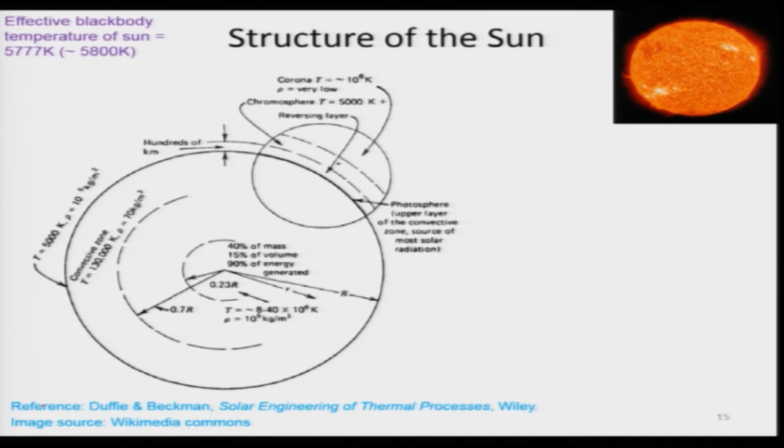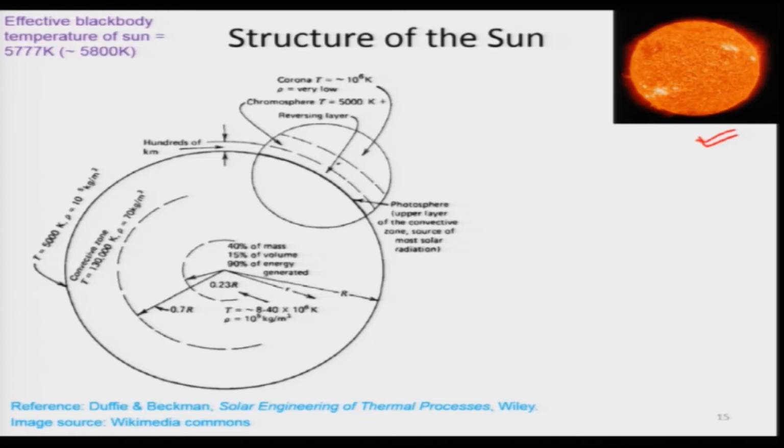If you see over here, this is the same sun we have seen earlier, and every day we see it around us. This image is taken from one of the references, and it shows very nicely the temperature profile inside the sun. We all know fusion reaction is taking place inside the sun, nuclear fusion is taking place over there.